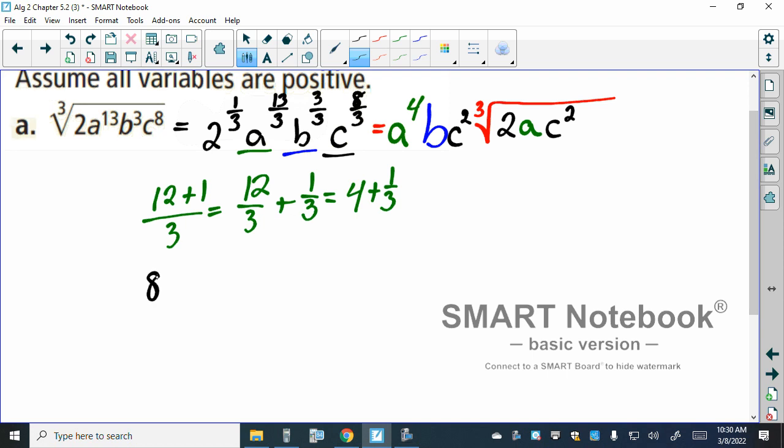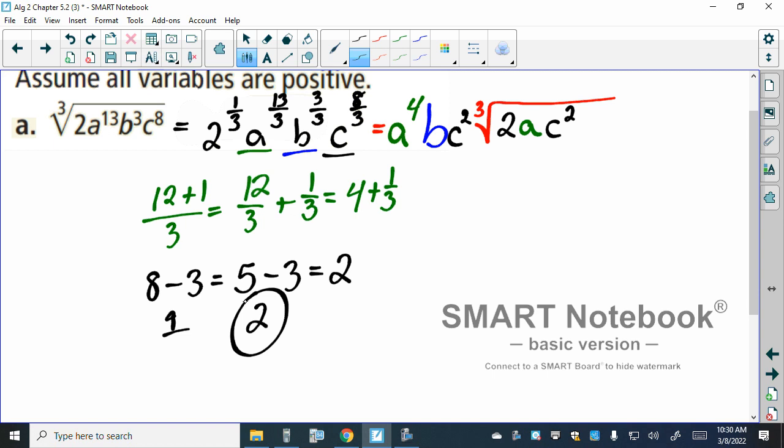So I could say 8 minus 3, which is 5. So that means I am going to take 1 c out for sure. I can do it again, which gives me 2. So I was able to take 3 out twice, because each group of 3 will simplify once. And I can do it twice, and 2 left over.